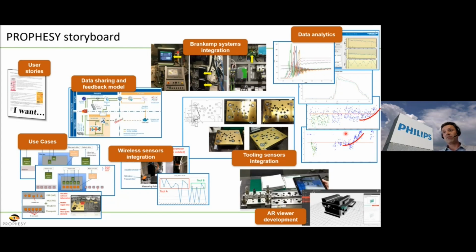And in the recent weeks, I must say, we derived results from the data analytics that the algorithms were able to identify trends in the data, where these production runs ended in a tool failure.